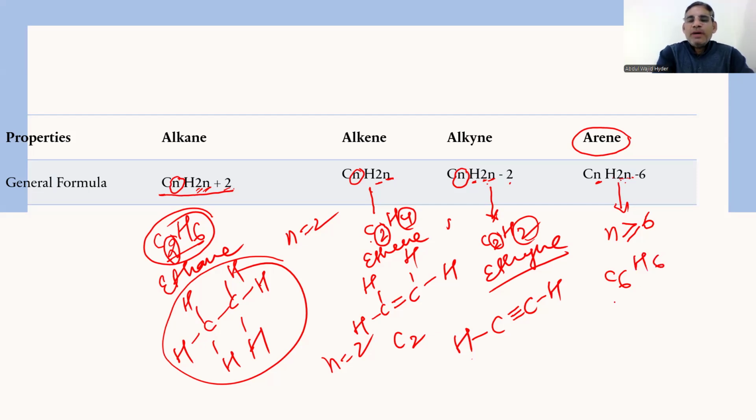This is benzene. What will be its graphical formula? Its graphical formula will be like this. This is carbon, carbon, carbon, carbon, all the 6. This ring has carbon atoms.